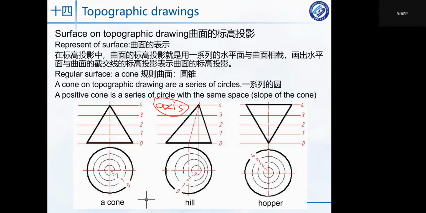Okay, as for this one, who can tell me what this is? This is a cone, and this is like a hopper. Hopper, I'm not sure if this translation is right. Who can tell me how to describe this shape?